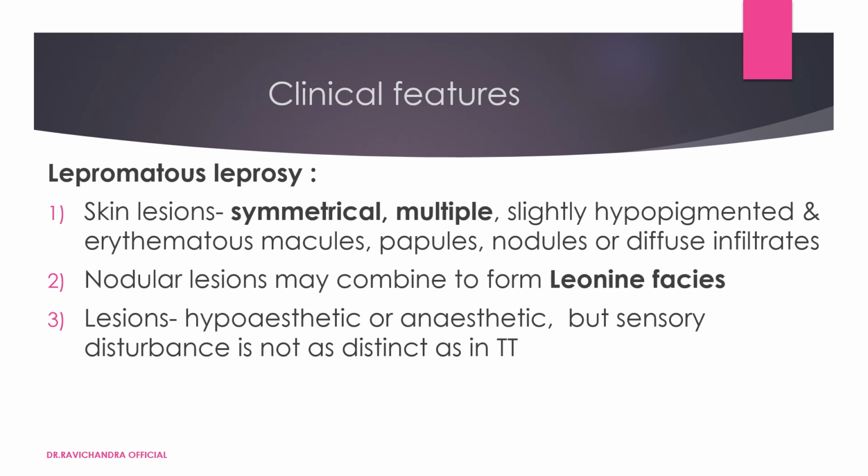So remember, in lepromatous and tuberculoid leprosy, lepromatous will have M alphabet, multiple, L for leonine facies, S for symmetrical.